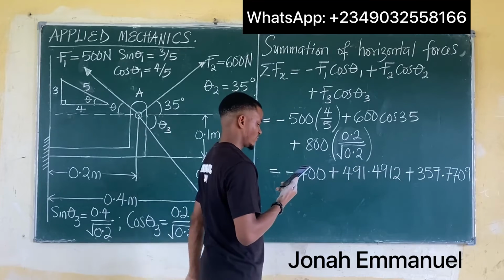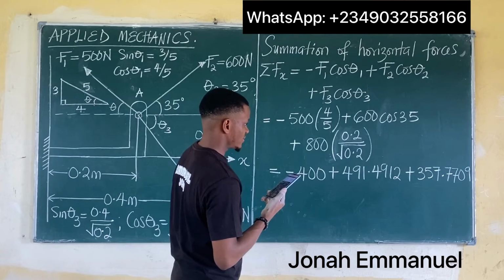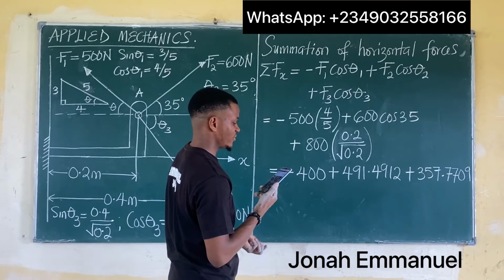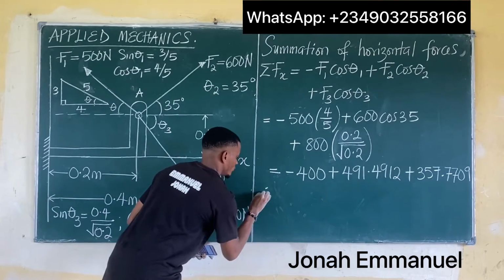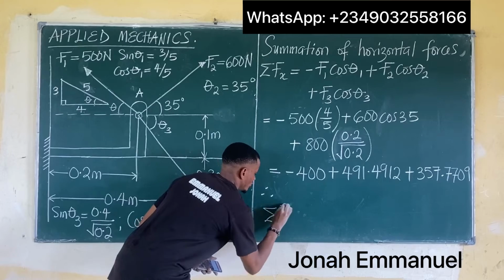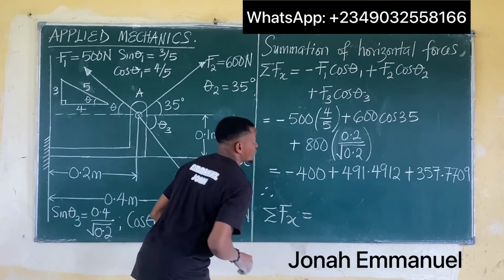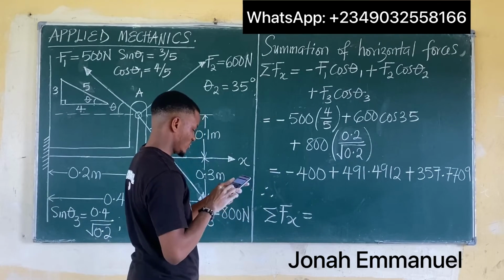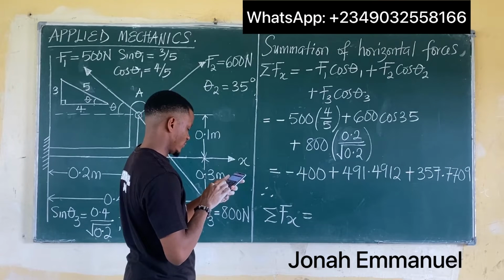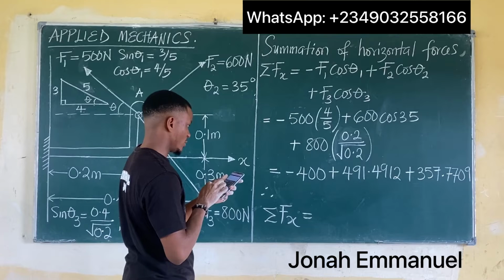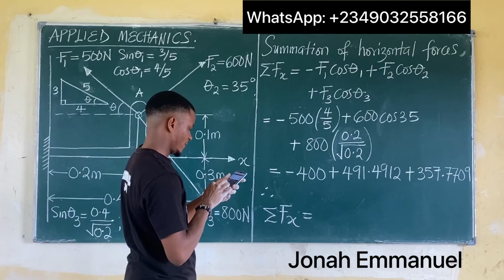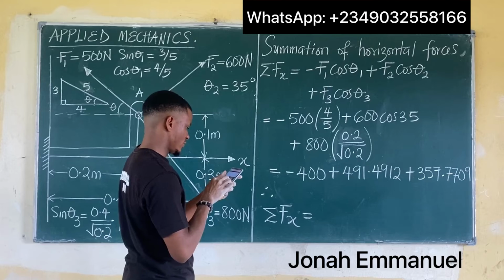You have that value, 357.7709. Therefore, the summation of horizontal forces is equal to minus 400 plus 491.4912 plus 357.7709.